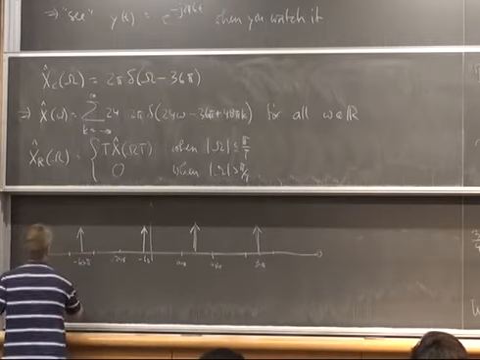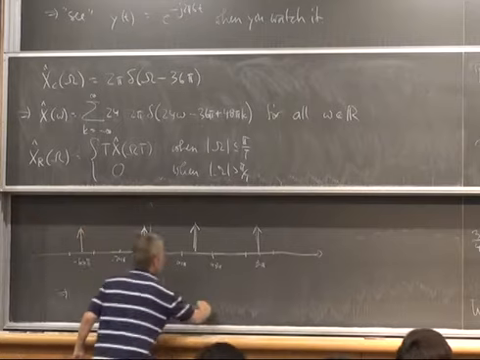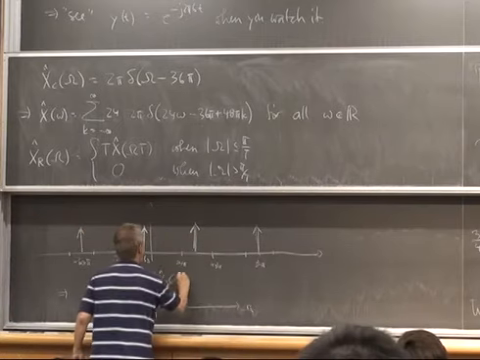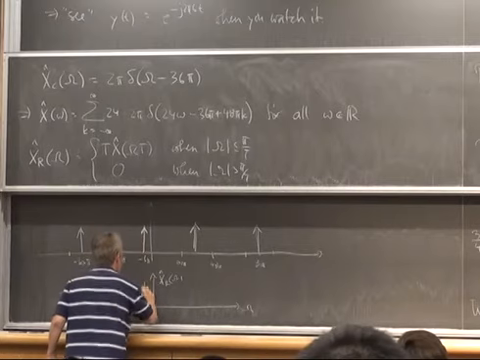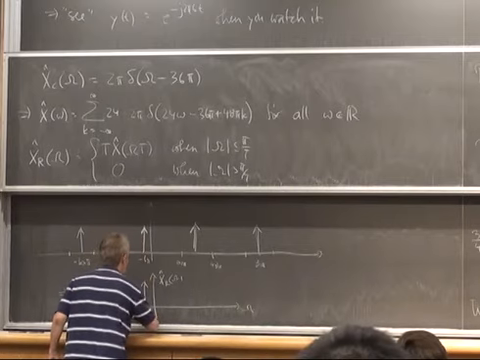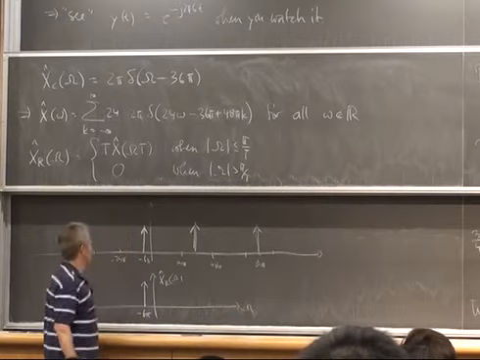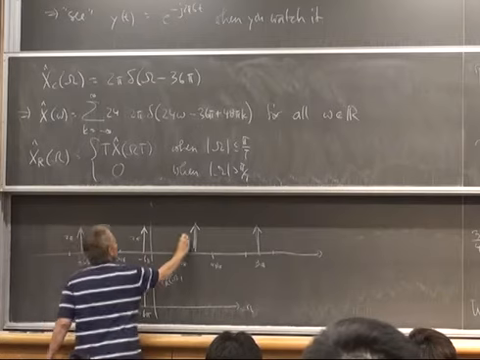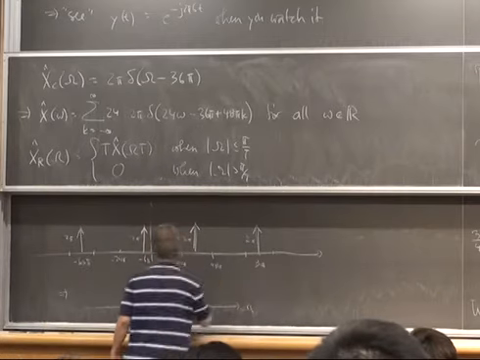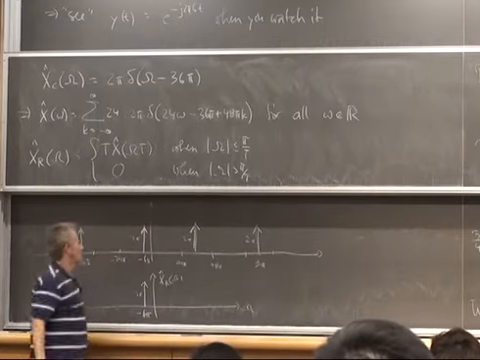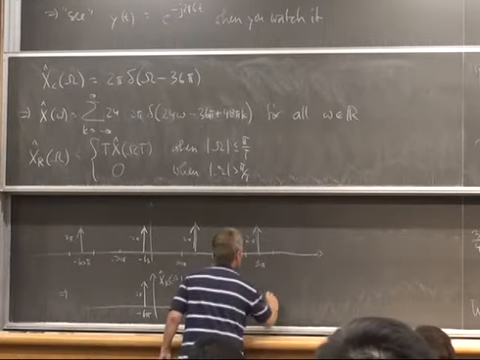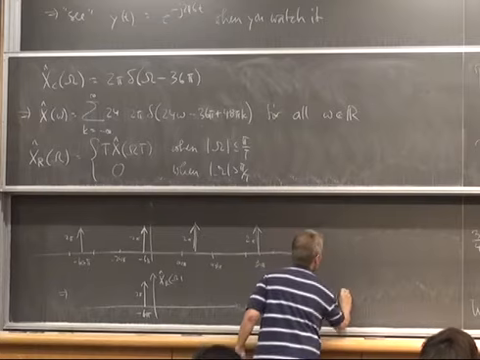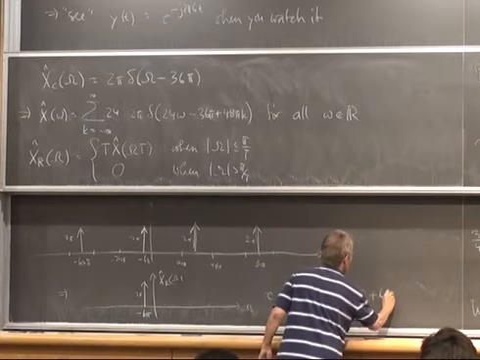So that means that this is what X R hat of omega looks like. It's just the impulse at minus 6 pi, and nothing else. And these are all way 2 pi away. I.e., X R hat of omega is equal to 2 pi delta of omega plus 6 pi.